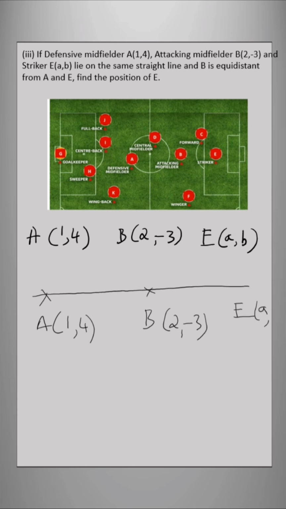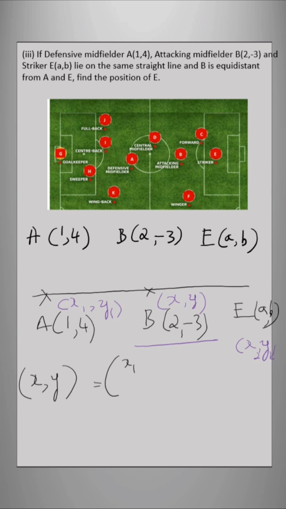This should be the midpoint. So let the coordinate of this be x, y. This one is x1, y1. This one is x2, y2. Now we know the formula that coordinates of the midpoint x, y is equal to (x1 plus x2) by 2, comma (y1 plus y2) by 2.